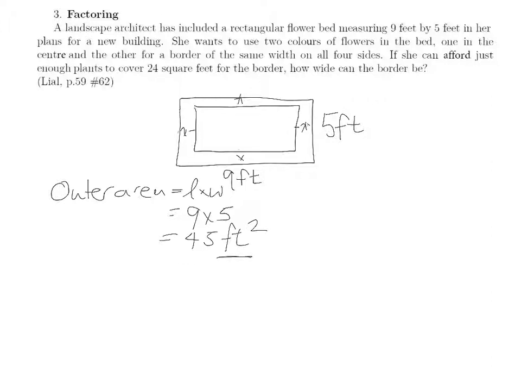And we are told in the question that the border is 24 square feet. So border area. So that's just this bit, right? And if we're looking then for the area of what's inside, you can imagine it's going to be the difference then between the outer area and the border area.